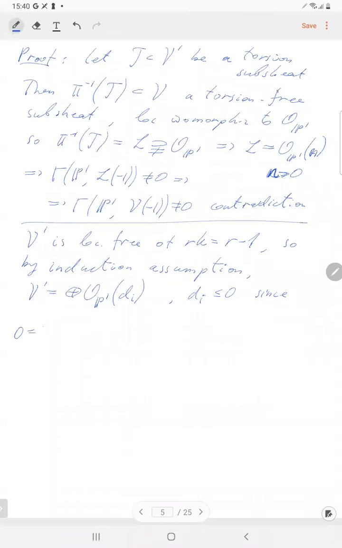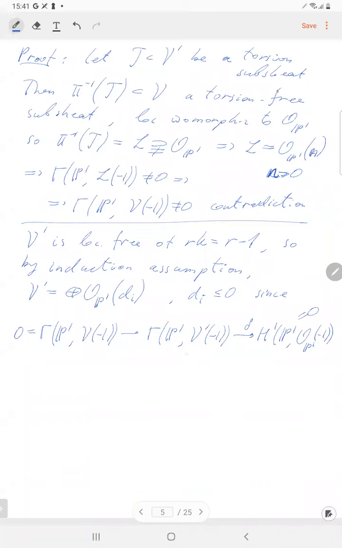Yeah, so we have 0 global sections of P1 with coefficients V of -1, and there is this exact sequence for the quotient V prime of -1, and then there will be this co-boundary morphism into the first cohomology of P1 with coefficients in the structure sheaf twisted by -1, but this is 0.